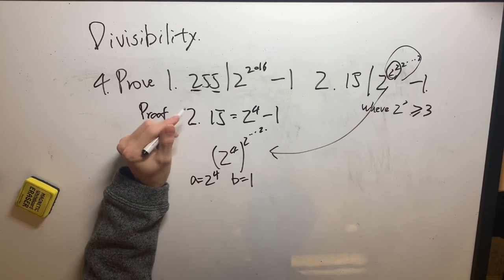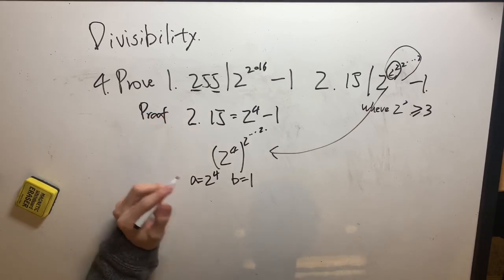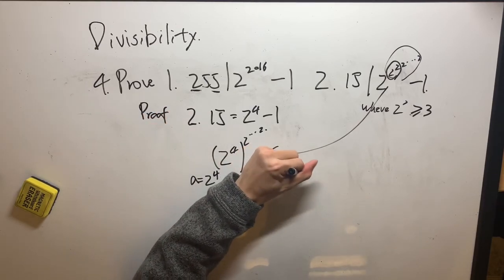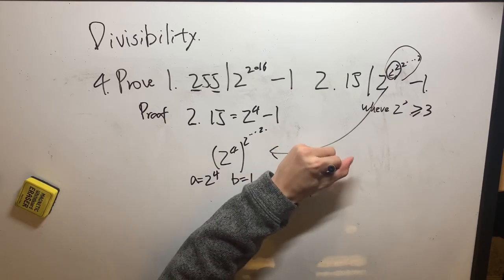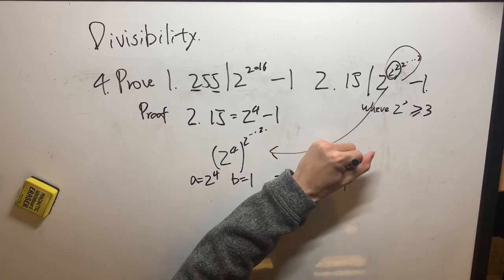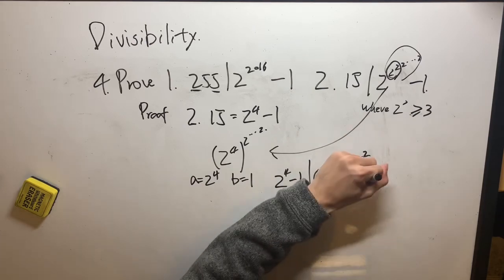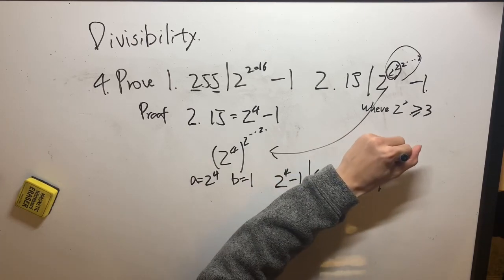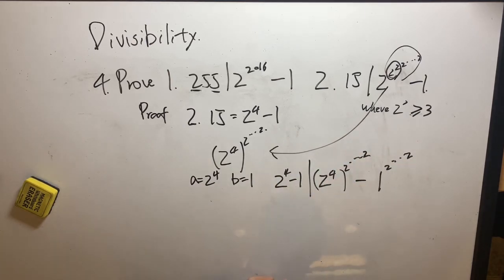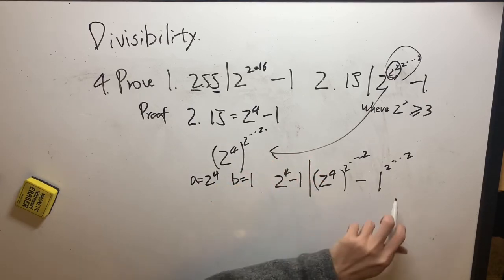That's the same as the first question. So 2 to the 4th minus 1 divides 2 to the 4th to the power of the remaining 2s, minus 1 to that same power. So this solves the question.